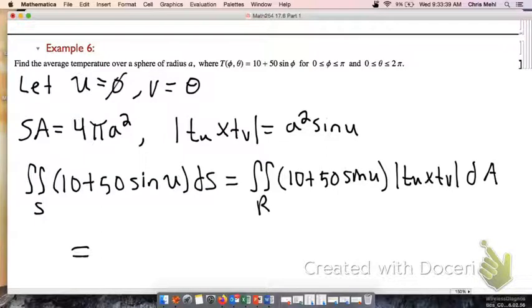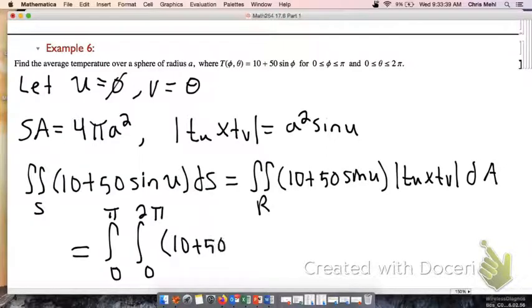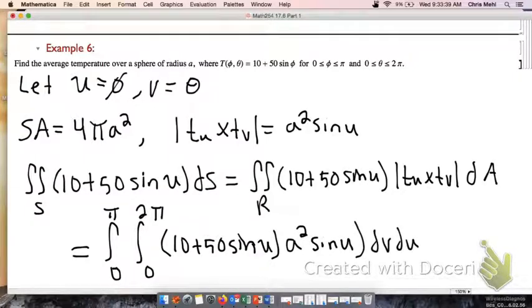This equals the integral from 0 to pi, that'd be your first integral, and the integral from 0 to 2 pi. So this would be doing dv du this time, and it would be 10 plus 50 sine u. Tu cross Tv we saw was a squared sine u, and I'll be doing dv du.